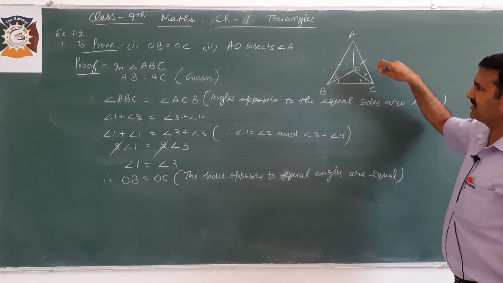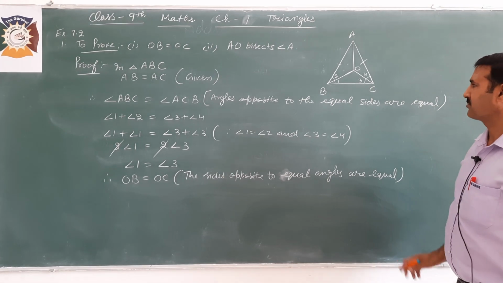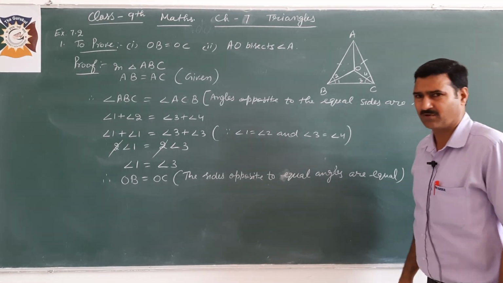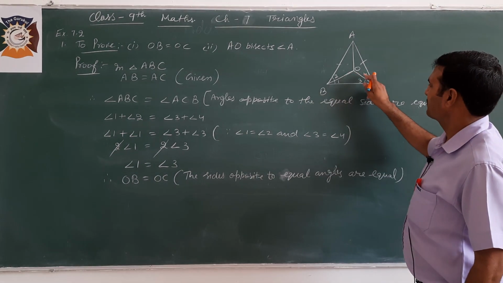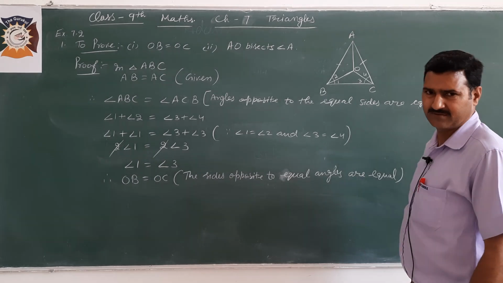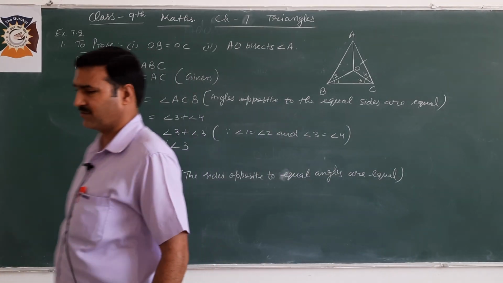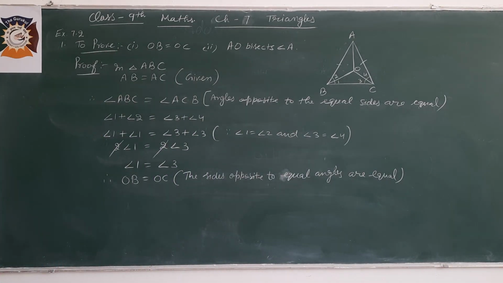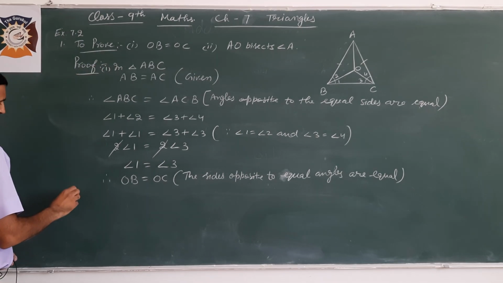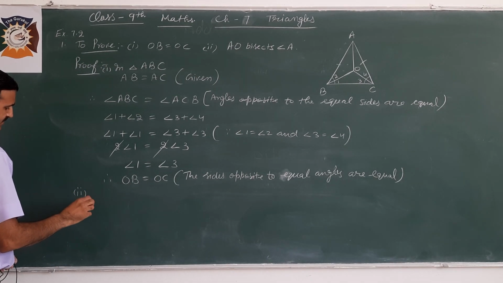We will use this, or we can use the side rule also. This side is equal to this, proved, this side is equal to this, proved, and this is common. So both the results we can use in the paper, in the exam. This was the first part, this is the second part now.